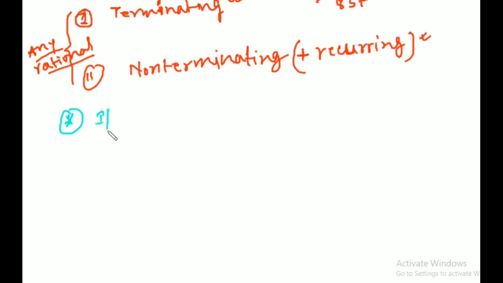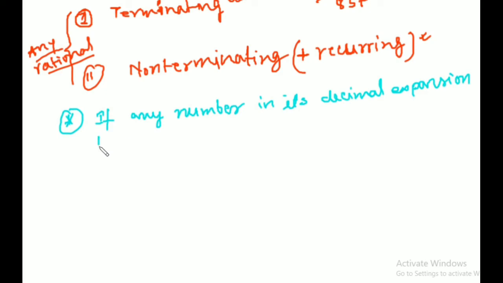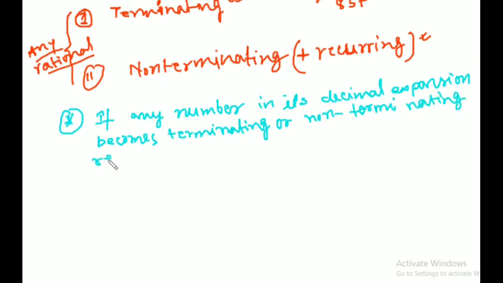If any number in its decimal expansion becomes terminating, or non-terminating recurring, then this number will be a rational number.